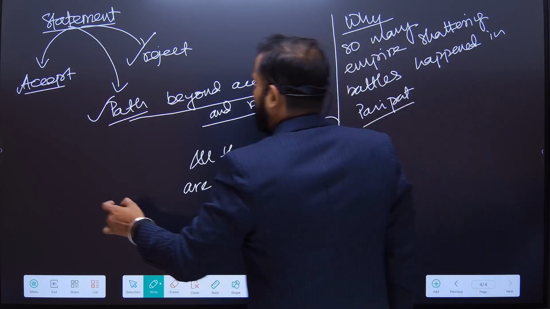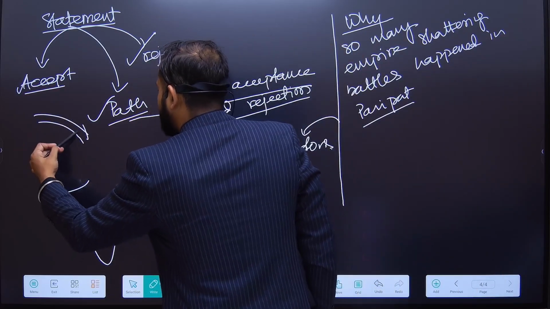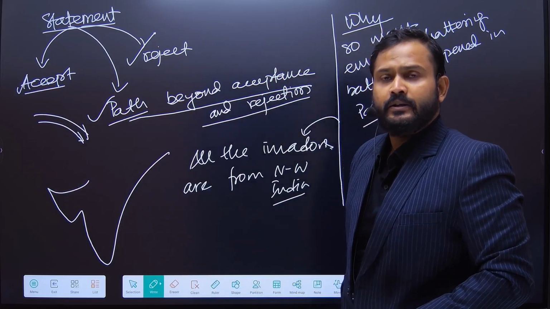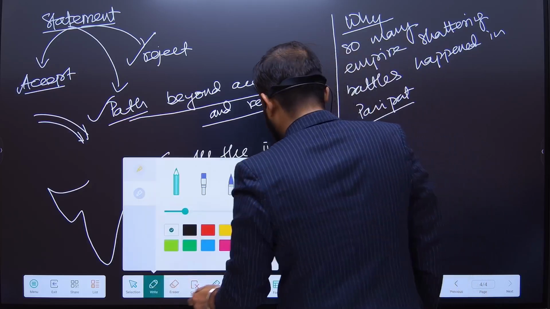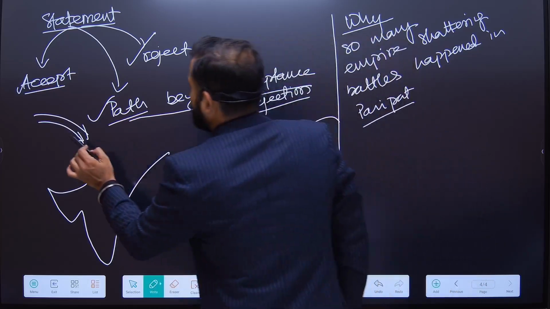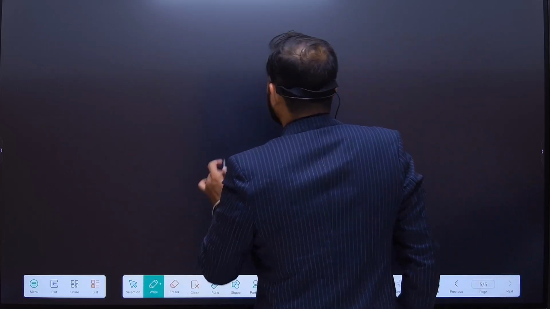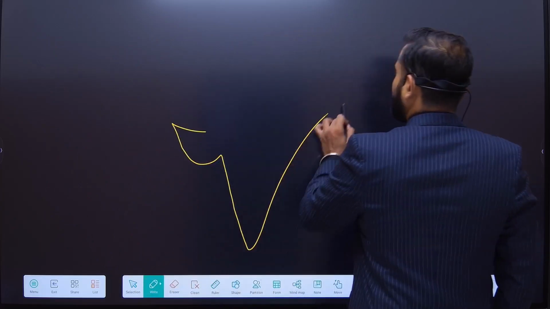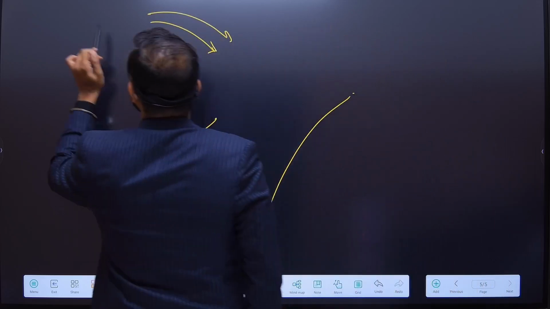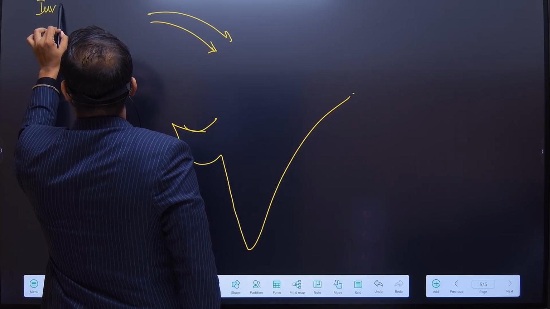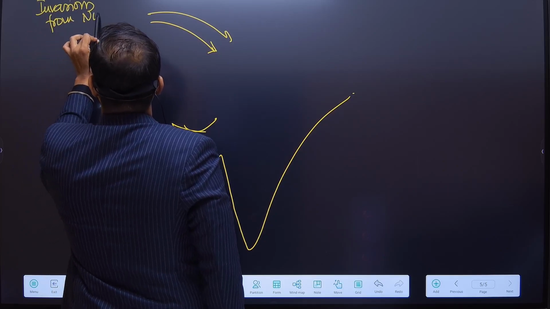Here it will help you understand it with the help of a map. If all the invaders are from northwest, you have to understand the topography. For example, in the northwest, I'll use another slide for it. The attacks, invasions from northwest India.